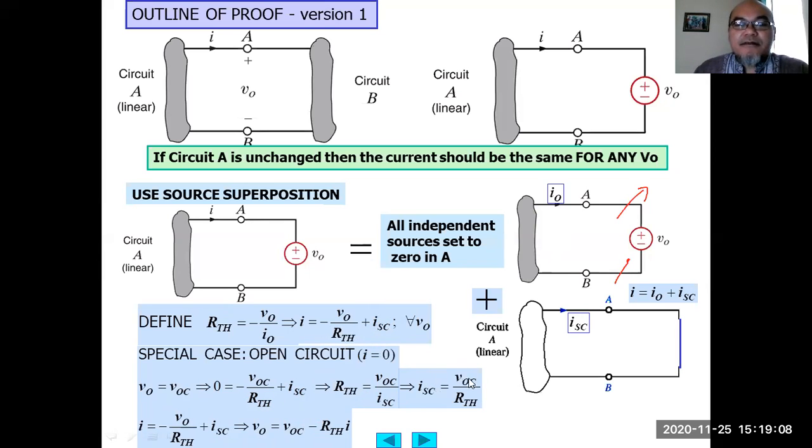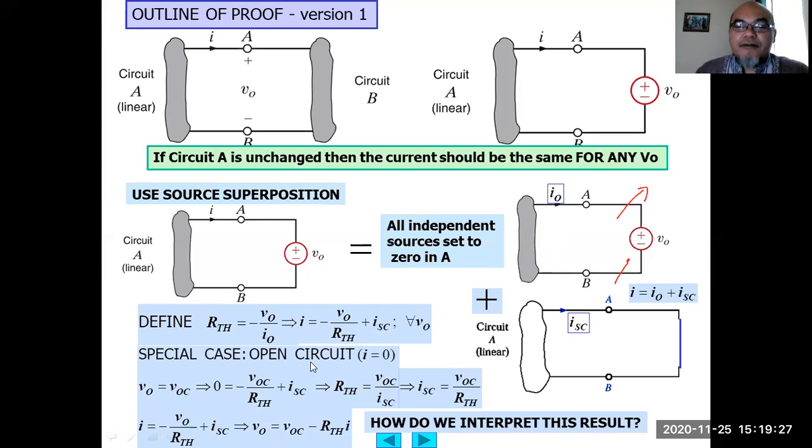VOC equals ISC times RTH, right? So if we multiply by RTH, this becomes V output equals VOC minus RTH times current. So this is the formula.